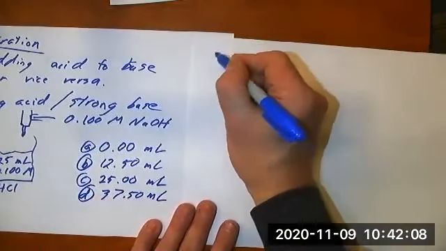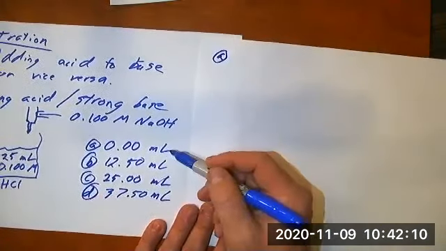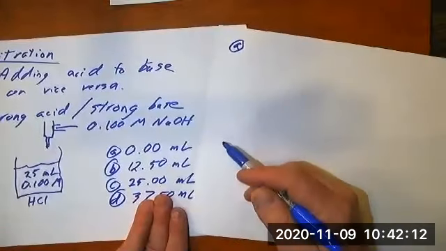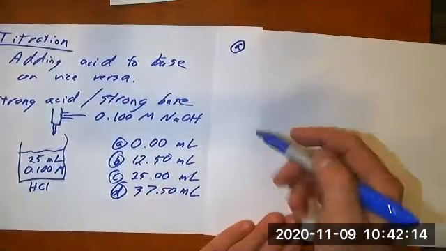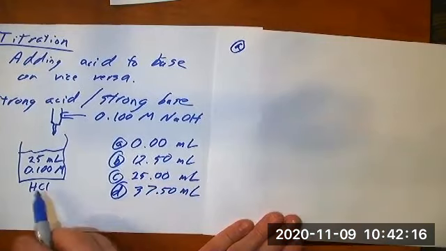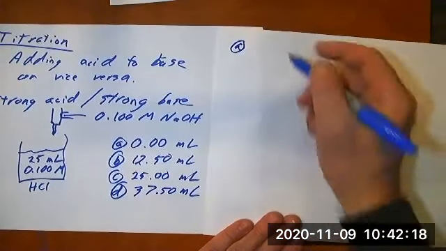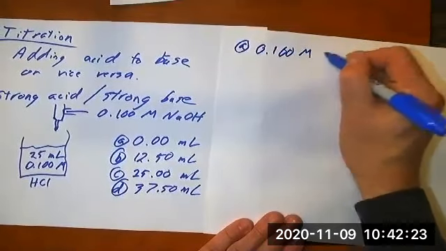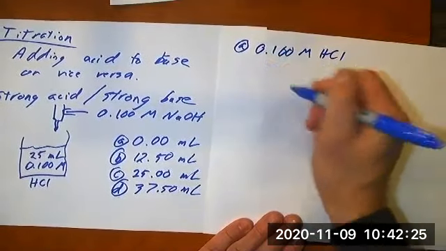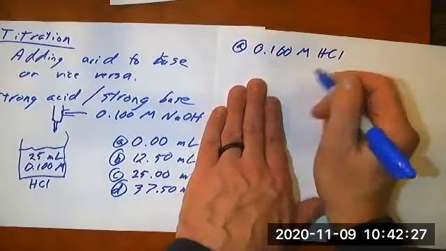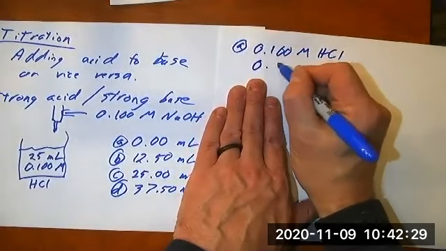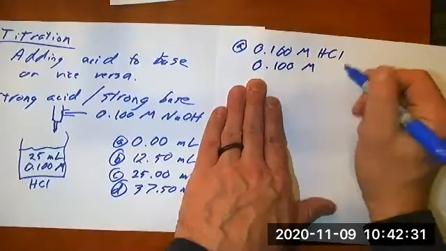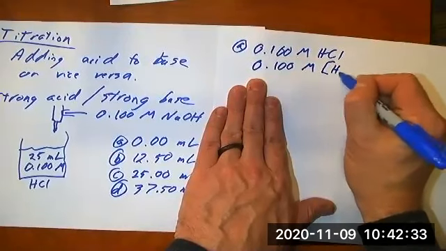So for the first one, for A, where we have added no sodium hydroxide, finding the pH is very straightforward because all we have is 0.1 molar HCl. So 0.100 molar HCl, which translates into, because this is a strong acid, it fully dissociates, it's 0.1 molar in hydronium.